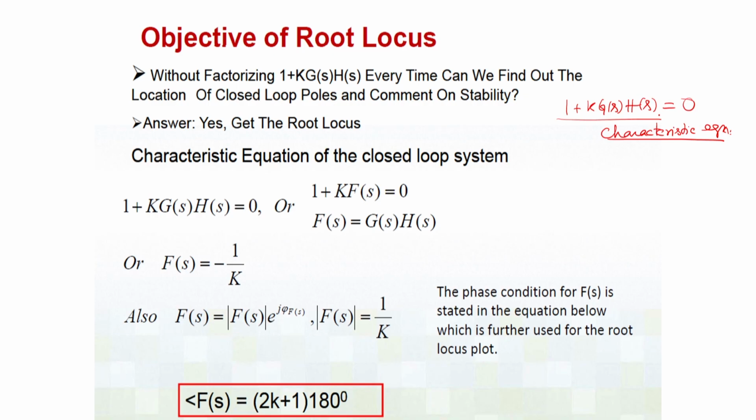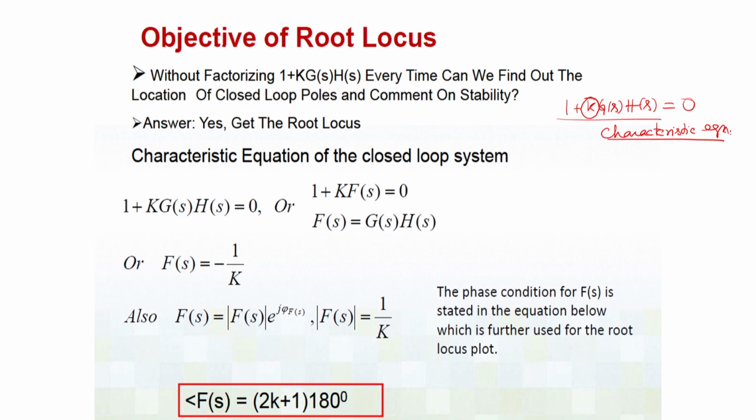If I solve this equation, I will directly get the roots, but I cannot do it because of computational complexity. So, instead of solving this equation, for different values of the gain K, I am going to measure the phase of the system, and from that I am going to conclude whether it will be part of the root locus or not.